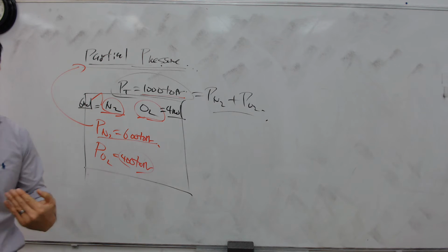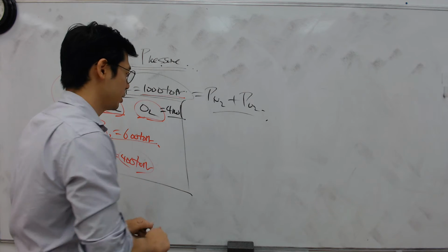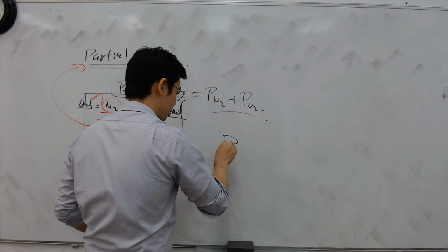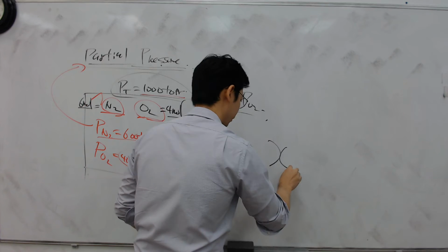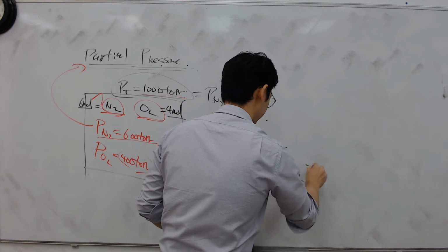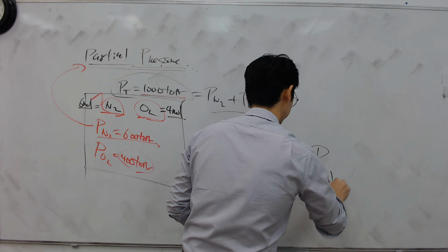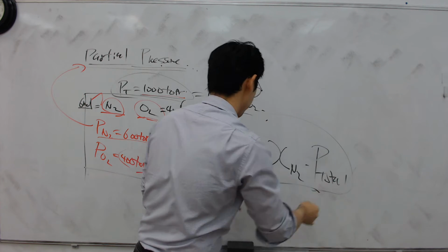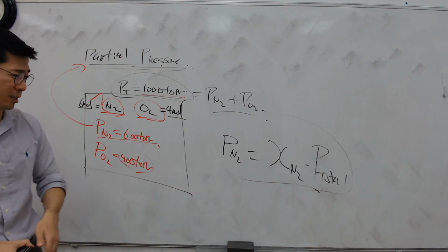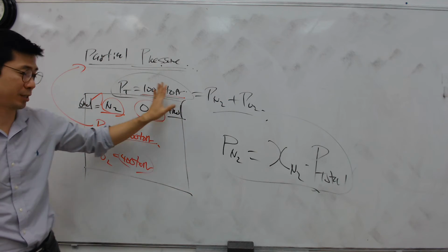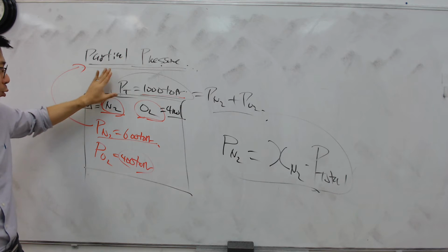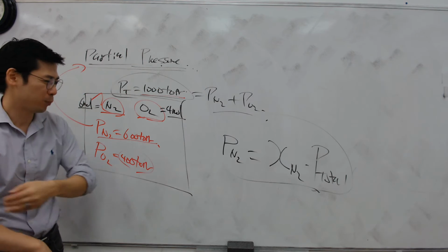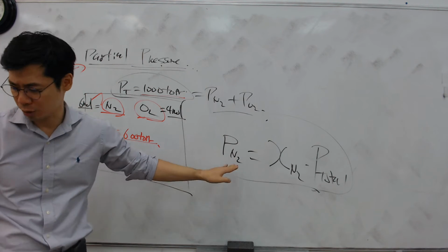There's a different equation for the partial pressure: the partial pressure of the N2 gas is equal to the mole fraction of N2 gas times the total pressure. That's also an equation you have to know. Aside from the equation where the partial pressures of all the gases add up to the total pressure, if you want to calculate the partial pressure of a certain gas, this is the equation.